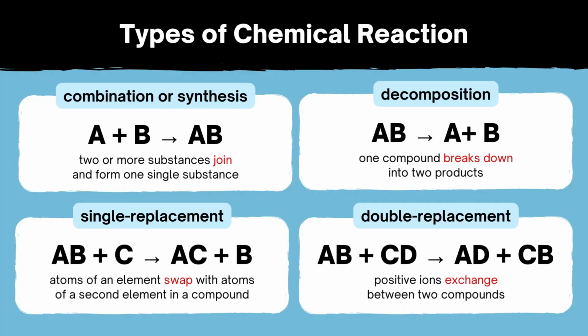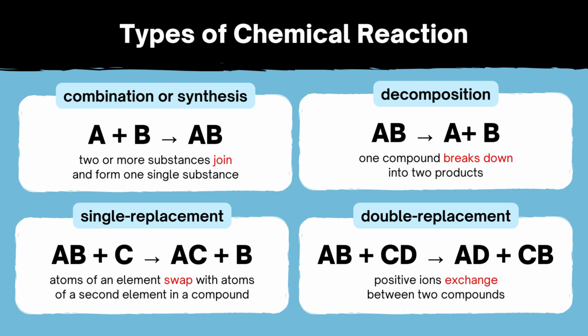Now, let us discuss the four types of chemical reaction. We have the combination reaction or synthesis. We also have decomposition reaction, single replacement, and double replacement. Let us focus first on combination or synthesis. As you can see in our chemical equation, A plus B will yield AB.